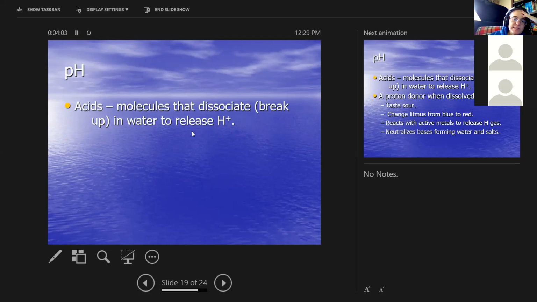Acids will release hydrogen in water. It means you've got hydrogen floating around that can bond to something else. So things that donate a hydrogen in the formation of another compound would possibly be considered an acid.